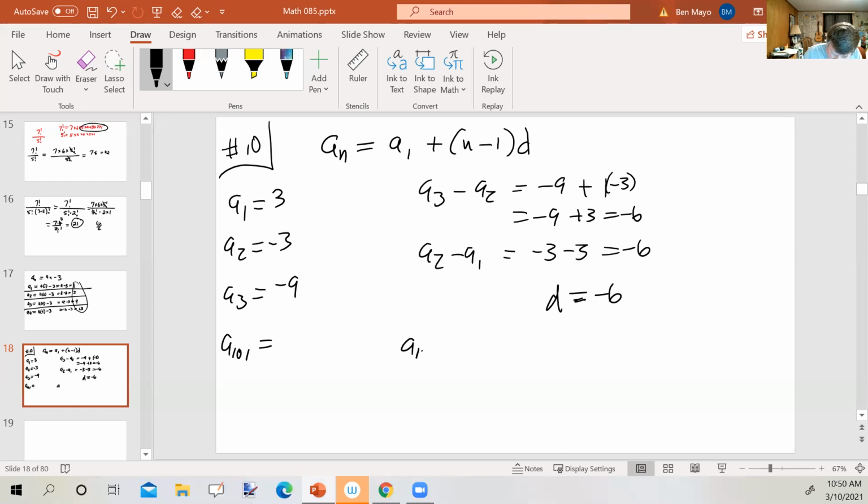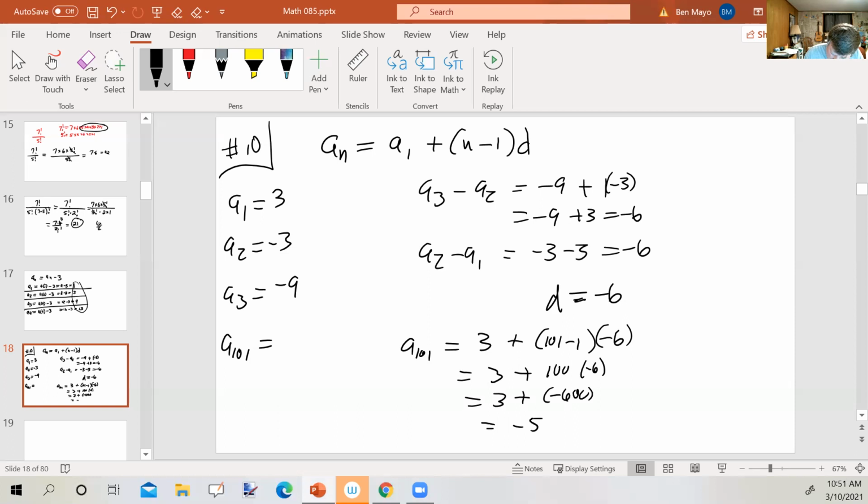So a sub 101 equals a sub 1, which is 3, plus n minus 1, so 101 minus 1 times the common difference of -6, which is 3 plus 100 times -6, which is 3 plus -600, which would be -597. So a sub 101 is -597. Any question about that?